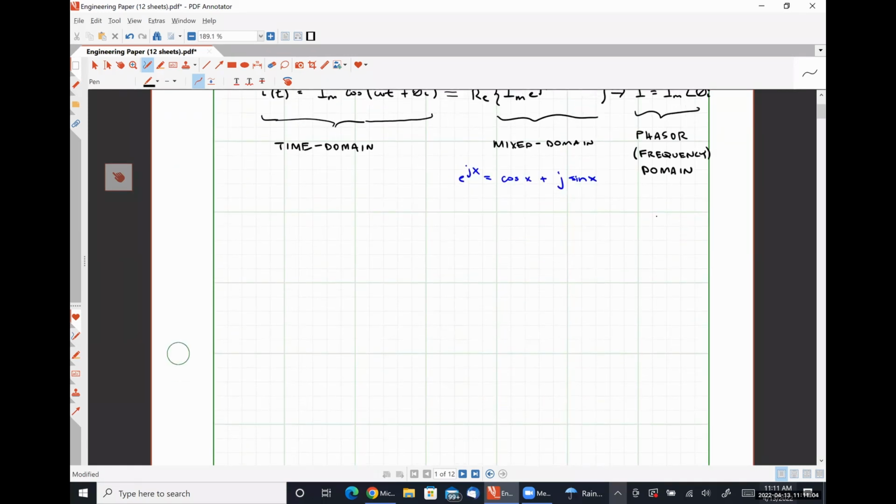So let's say that I have a voltage VA of t is equal to 6 cosine(13t plus 11 degrees) volts. What would its phasor domain representation be?